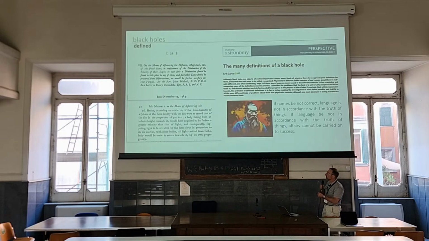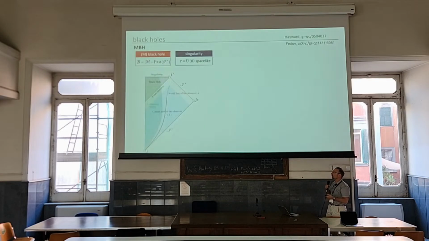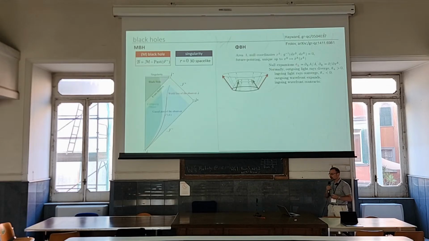More seriously, we need to take another ancient piece of wisdom and be careful with our definition. We can have traditional views on black holes, which, following Valeri Frolov, I will call mathematical black holes. Those are solutions of Einstein equations with the event horizon. Or we can have physical black holes. Those are trapped regions of space-time, and we don't care whether they're regular or not, whether they're eternal or not.